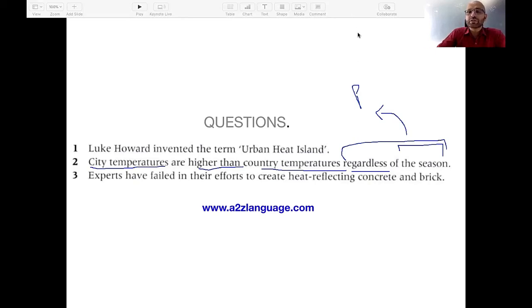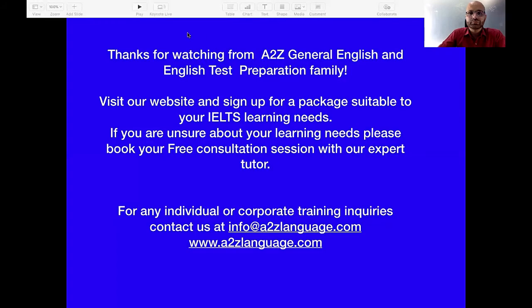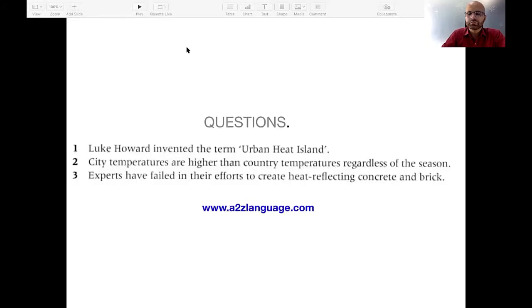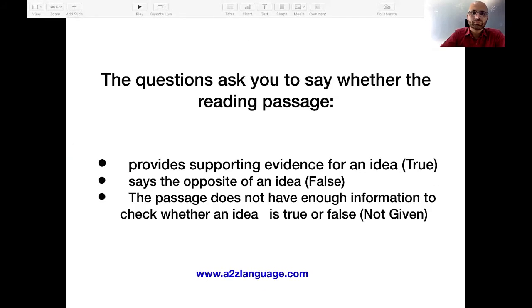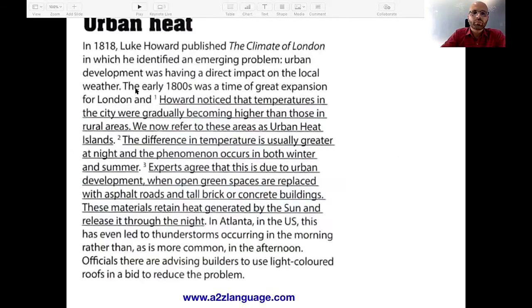So let's verify this question from the text. Here it says, Howard noticed the temperatures in the city were gradually becoming higher than those in rural areas. Make sure that you also note down this point: the text is written in a coherent form, so every idea is logically linked with each other.